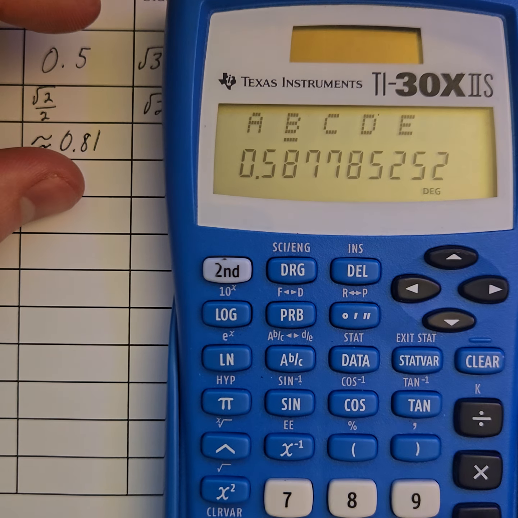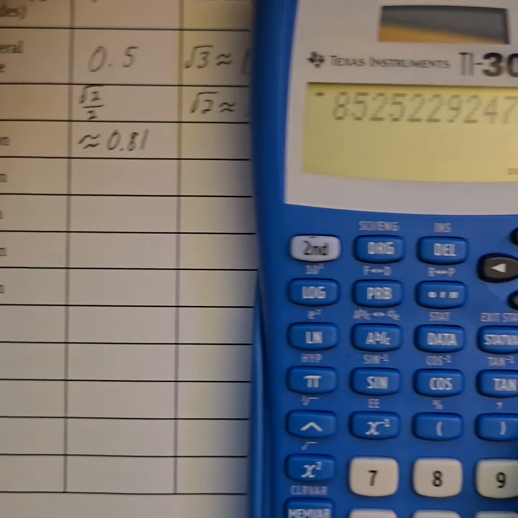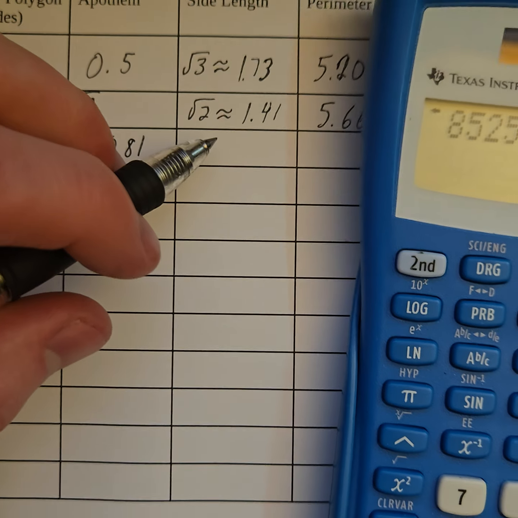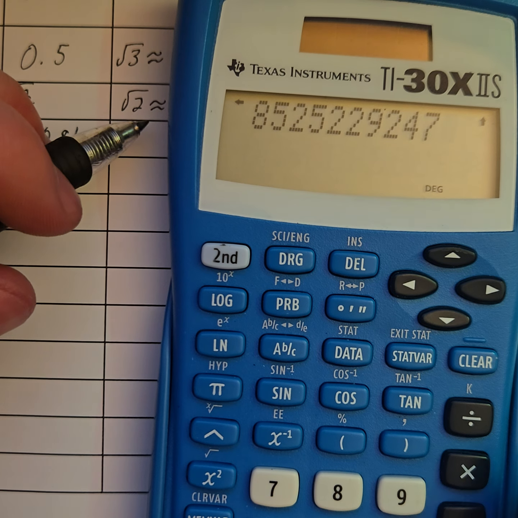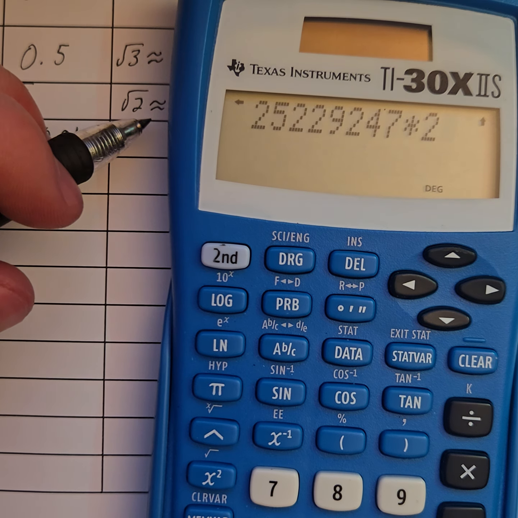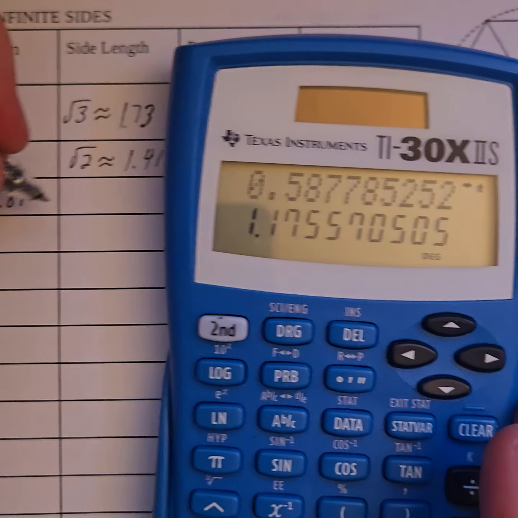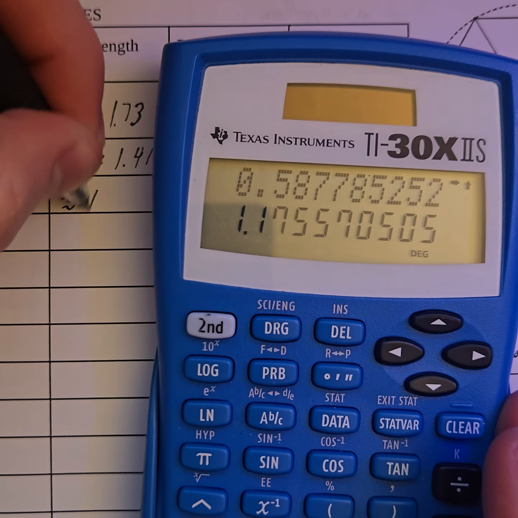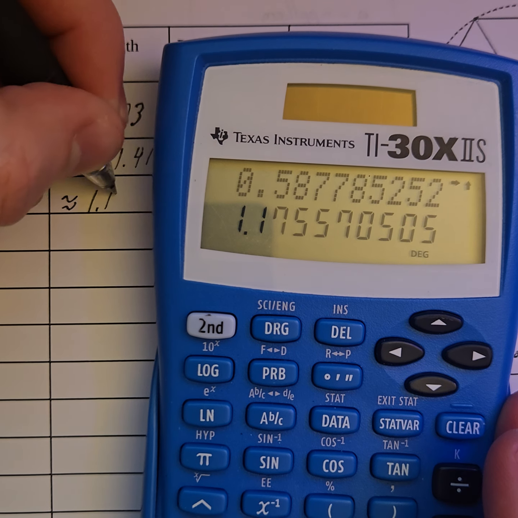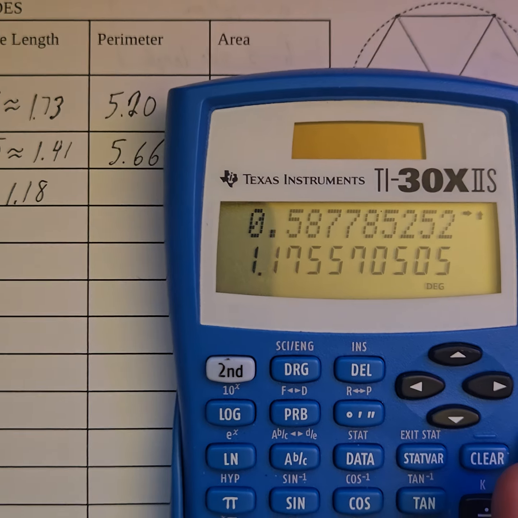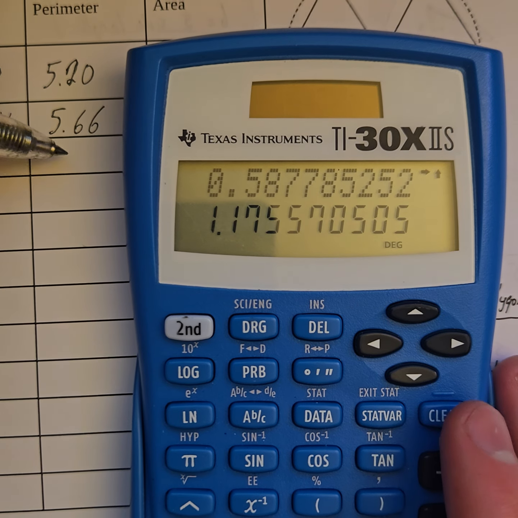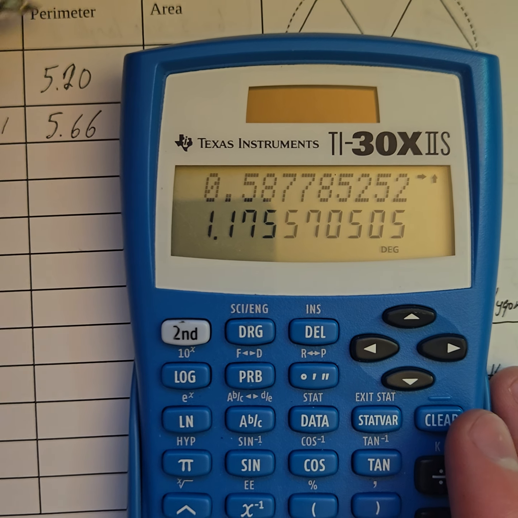I want the B value, and I want to take that times 2 to get my side length, because remember the B value is half the side length. So it's approximately 1.18.